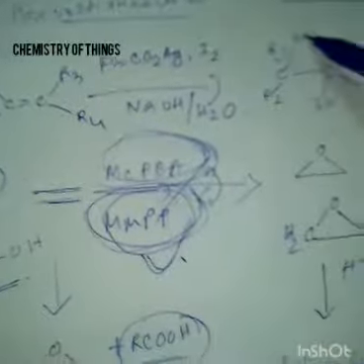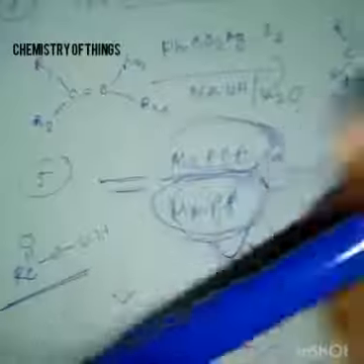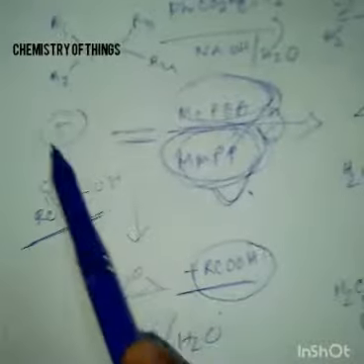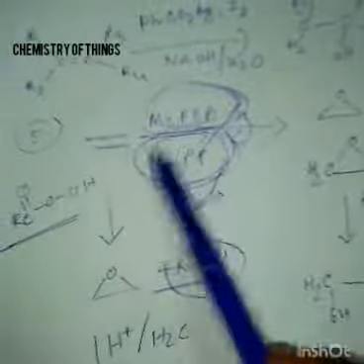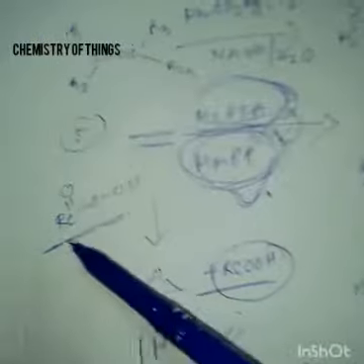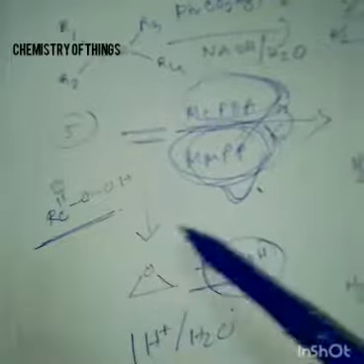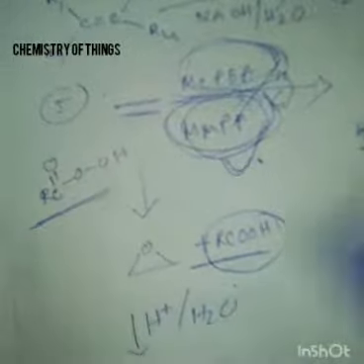Remember, this is trans addition, and the earlier Woodward reaction was syn addition. Then from alkene to epoxide, as I said, MCPBA or MMPP. Then you have peracetic acid converting alkene to epoxide, and from the epoxide we can easily hydrolyze it to diol.